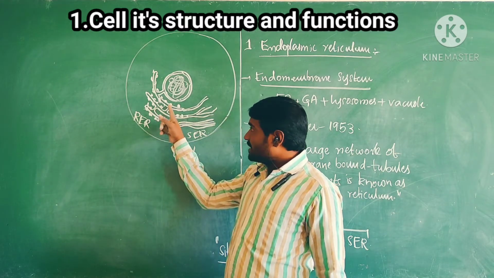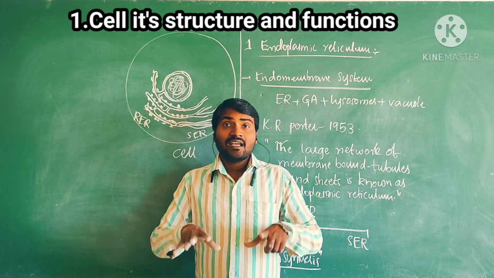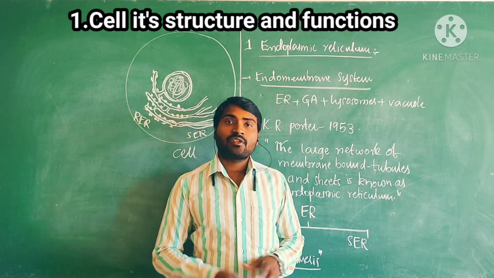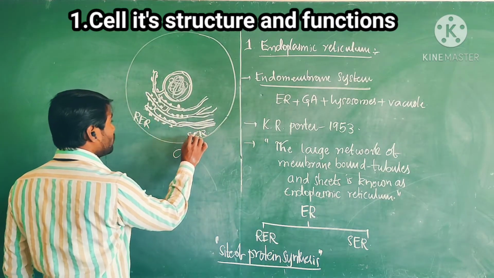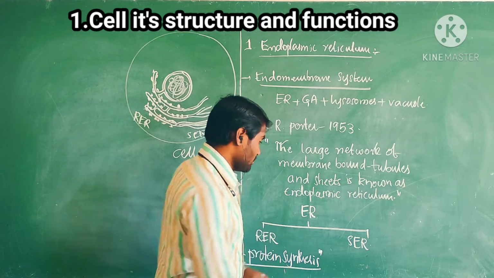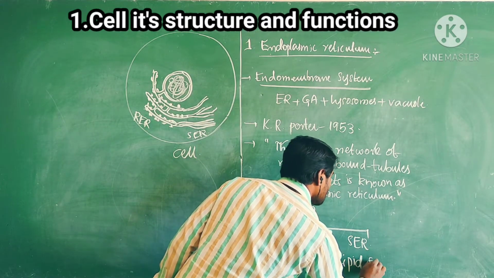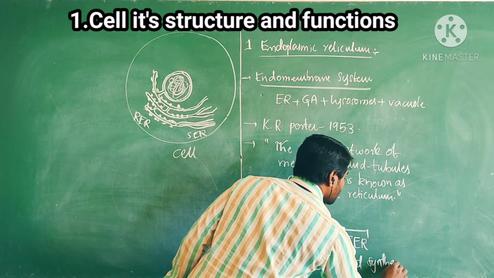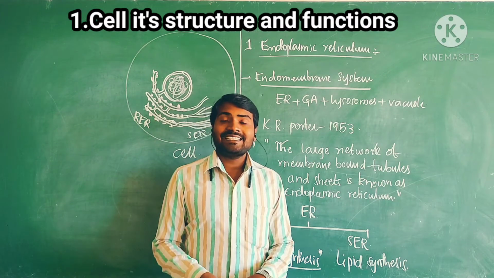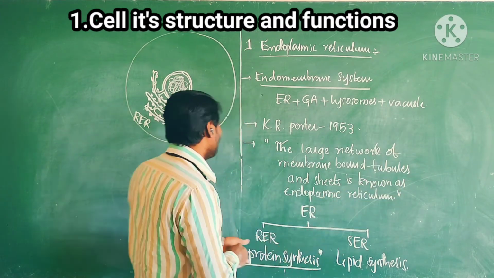Proteins are synthesized by the ribosomes which are present on its surface. Hence, it is the site for protein synthesis. Whereas the smooth endoplasmic reticulum is involved in lipid synthesis. It is the site of lipid synthesis.